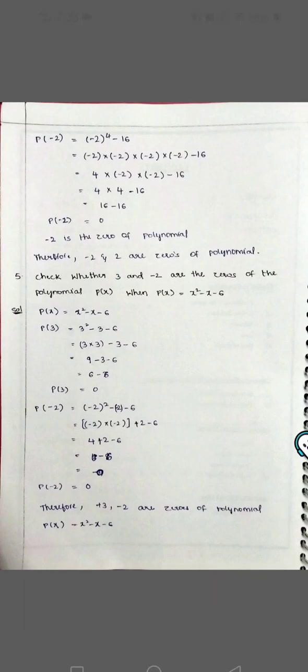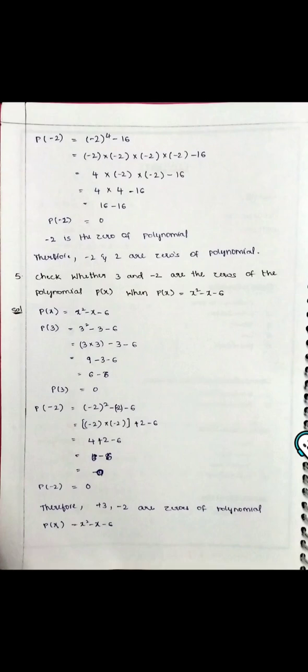Then minus of minus 2, minus of minus is plus 2, minus 6. This is plus 4 and plus 2, which is 6. 6 minus 6 gives the answer 0. So p of minus 2 is equal to 0. Therefore, plus 3 and minus 2 are the zeros of the polynomial p of x, x square minus x minus 6.